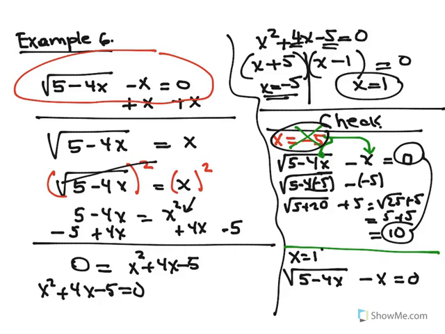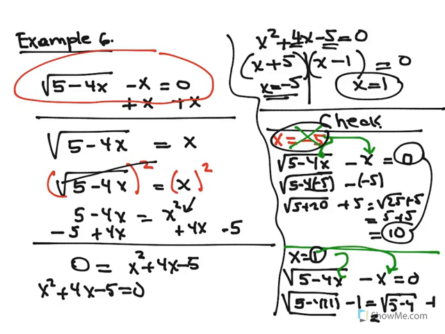My solution is x equals 1 and I'm going to substitute it right here and right here. Okay, so let's see what we get. 5 minus 4 times 1, minus 1, which is the square root of 5 minus 4, minus 1, and this is the square root of 1 minus 1.